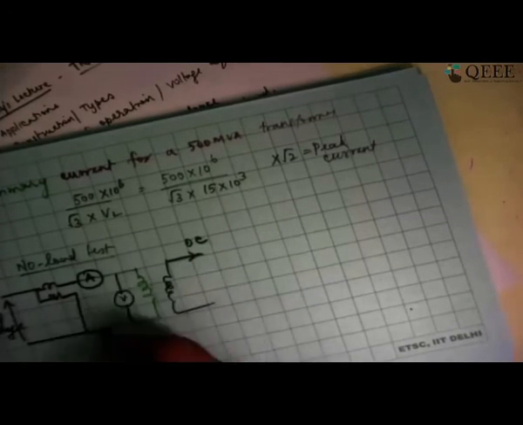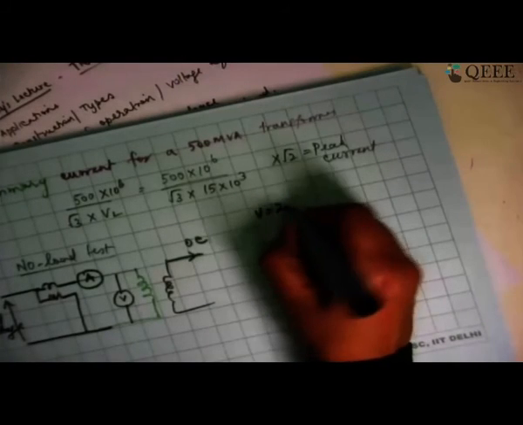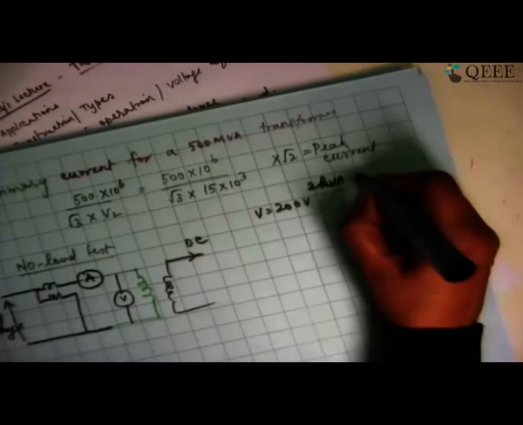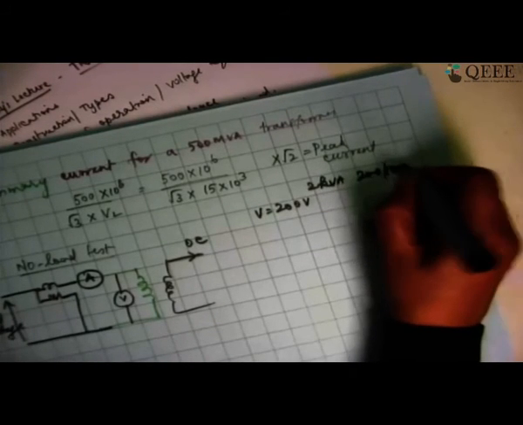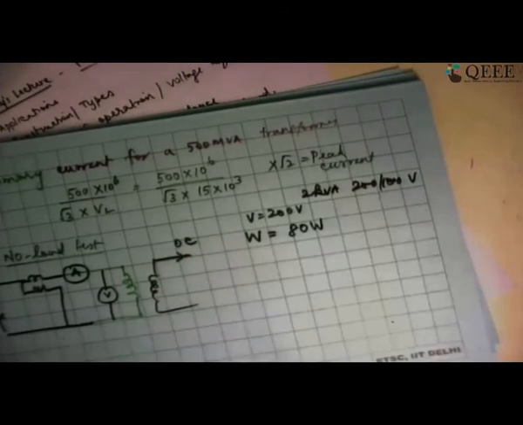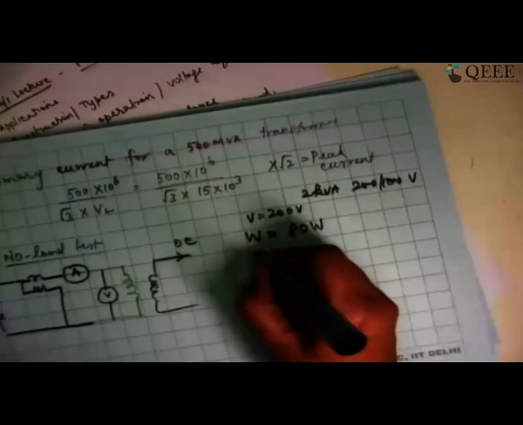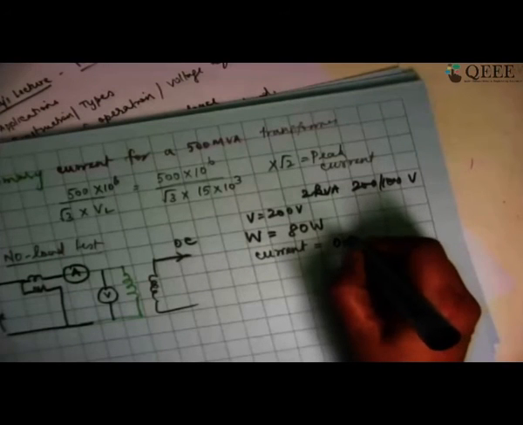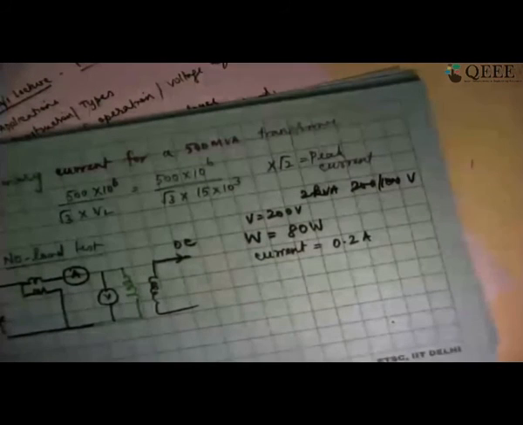Let's say my voltmeter is reading 200 volts. I have applied 200 volts. Let me talk about a 2 kVA, 200 by 100 volts transformer. At this point, I am applying 200 volts and I am measuring the wattmeter reading. If my wattmeter reading shows something like 80 watts, and if I say that the current flowing is probably 0.2 ampere or something like that, I am just taking things arbitrarily.